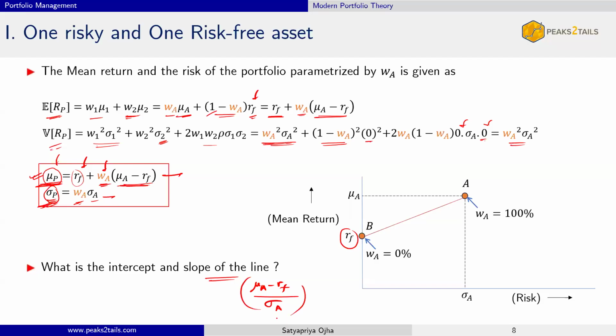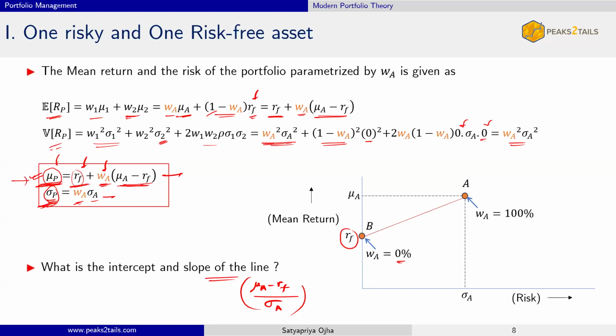Now, just a quick sanity check. If WA is equal to 0%, that means your entire investment is in the risk-free asset. Then what do you get? WA is equal to 0, so mu P is equal to RF.